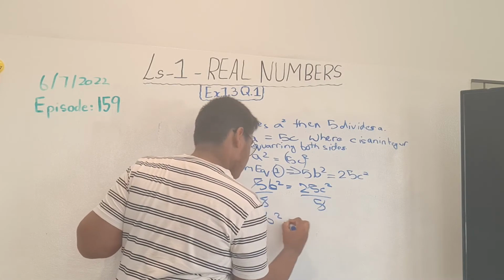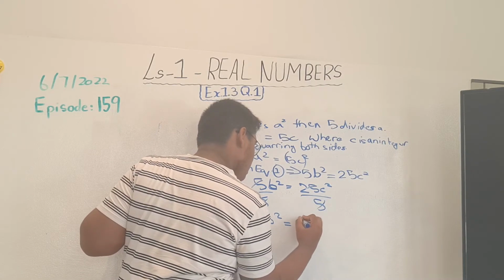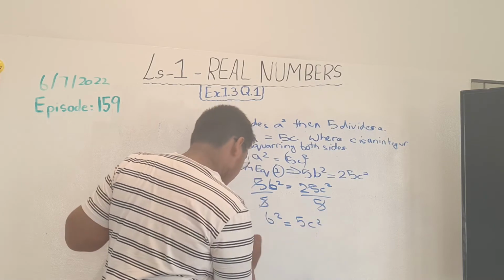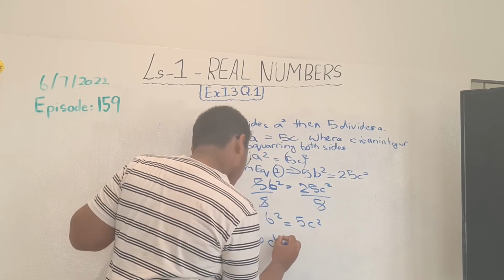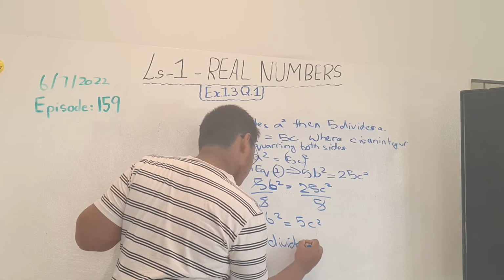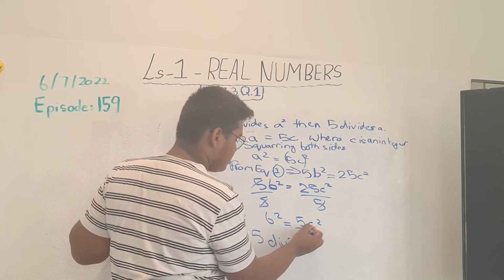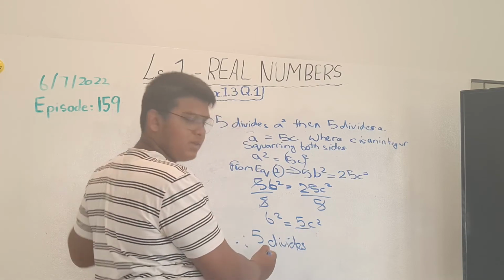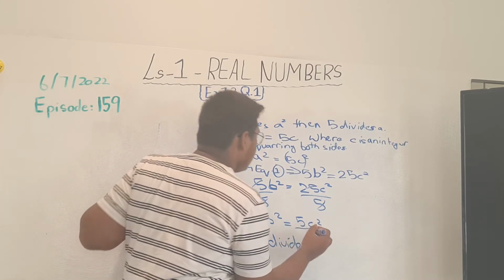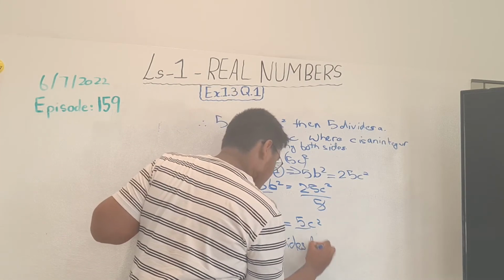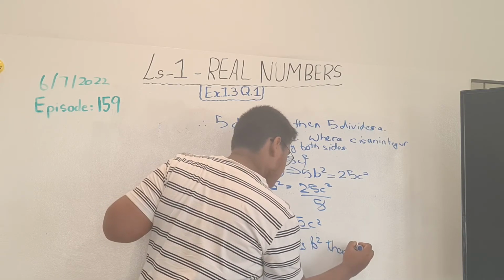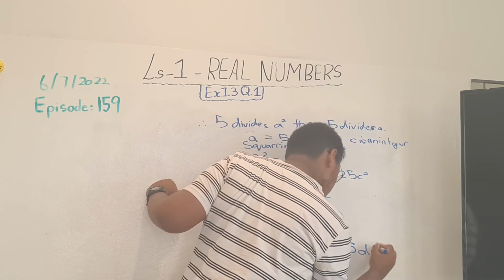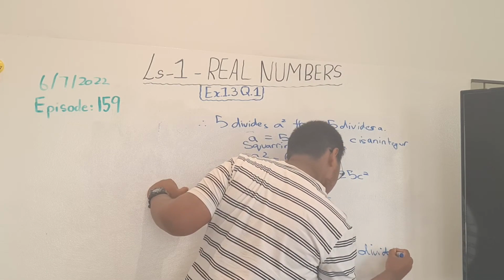So b square equals 5c square. Therefore, the same step: 5 divides b square, because here 5 is in multiplication, and if we send it to the other side it will be in division. So 5 divides b square, then 5 divides b.